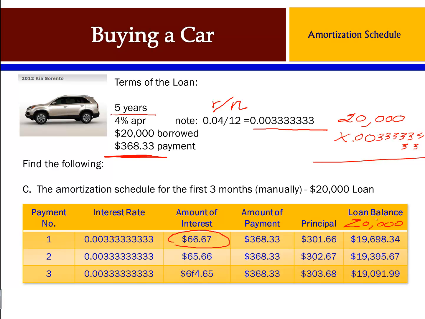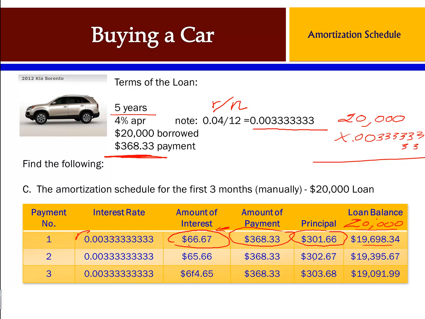The loan balance times the interest rate gives us the interest. The principal payment comes by taking the payment minus this interest. To get the new balance, you take the earlier balance, in this case the very beginning balance of $20,000, subtract the principal amount, you have a new balance.